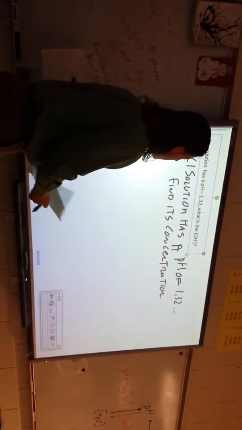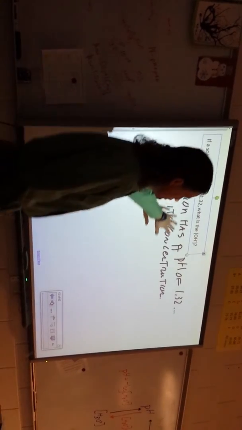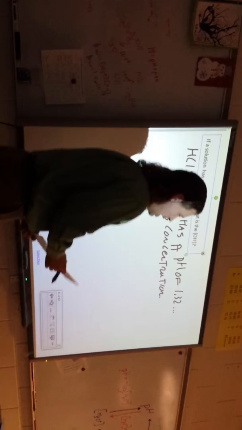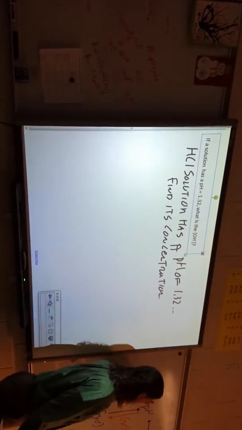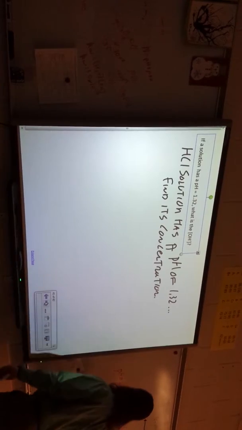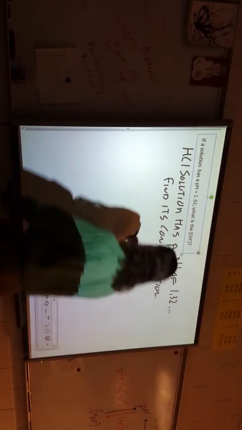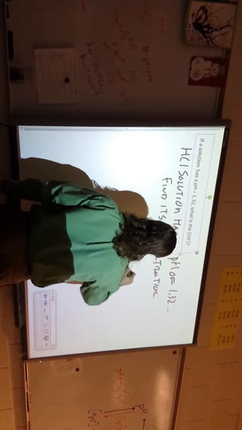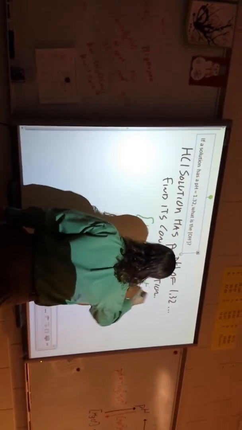The last math problem says an HCl solution has a pH of 1.32. Find its concentration. Well, I want you to find the concentration, but all that I've given you is the pH. So the formula that actually equals the concentration is the one where you have H3O+ being equal to 10 raised to the negative pH.